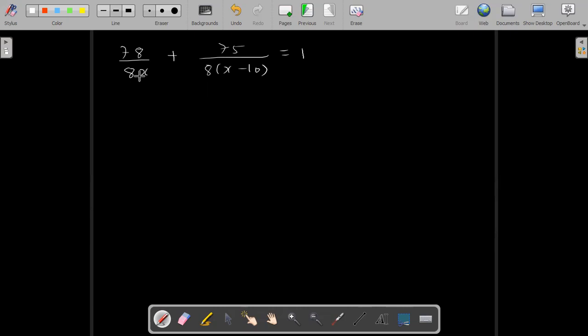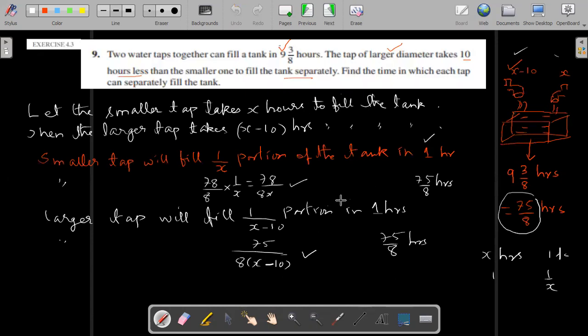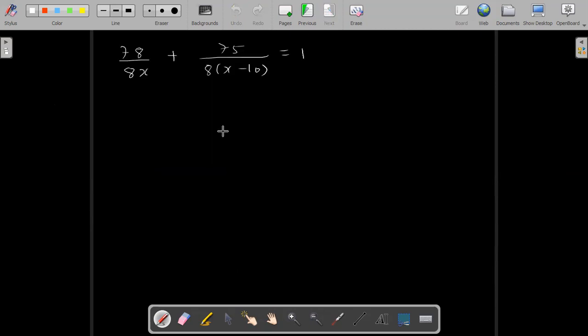We can take out 75 by 8 common. It will become 1 by x plus 1 by x minus 10 is equal to 1.